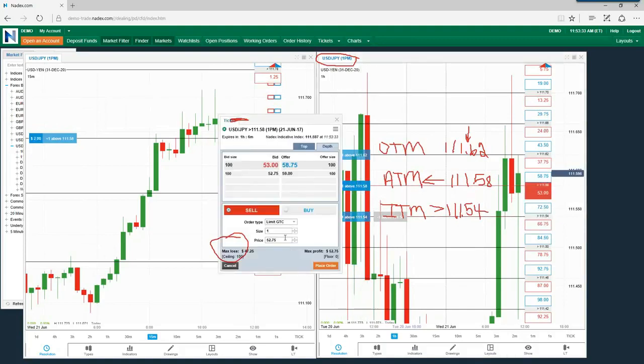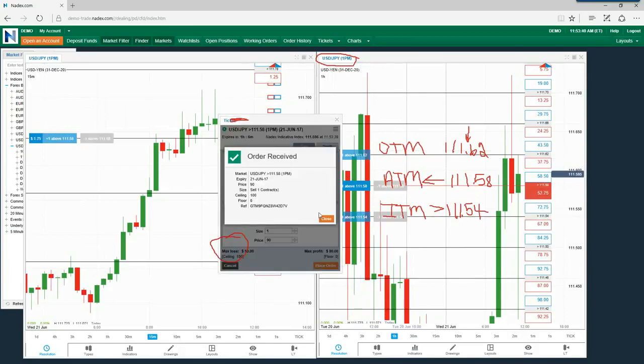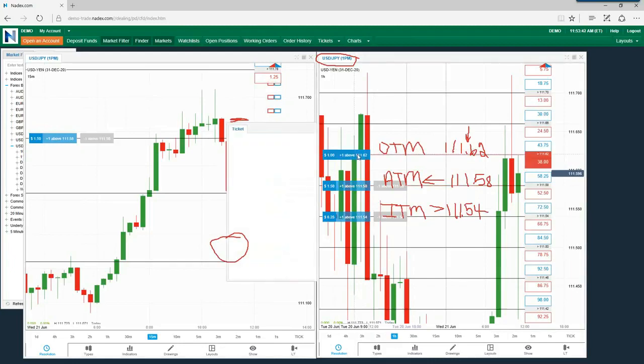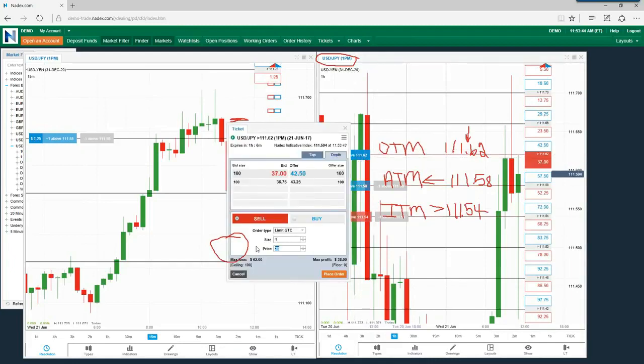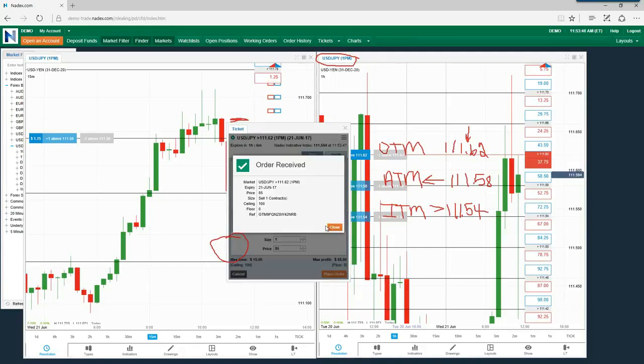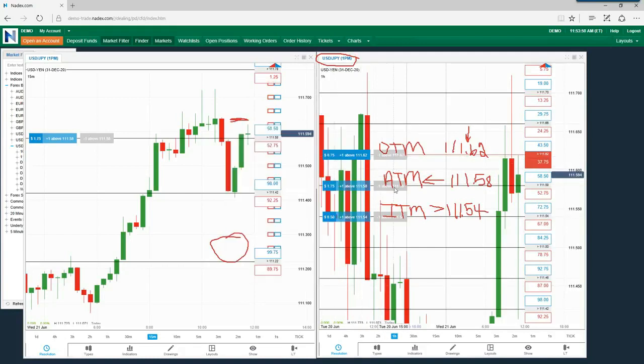On this one, we could set, let's say, 90 for a profit target. And then on this one, we could actually set an $85 target. Okay. Now, do you see how I have these gray boxes here? That tells me that we have profit targets in the market.